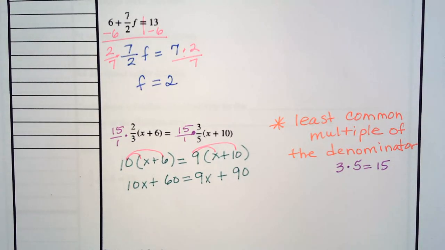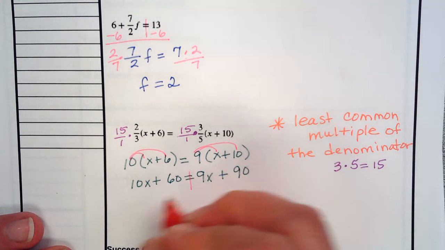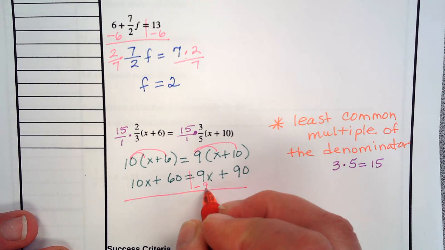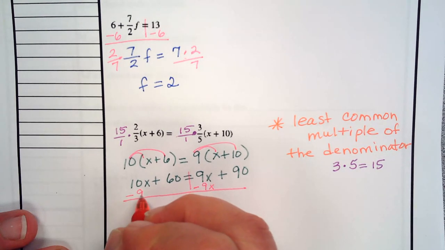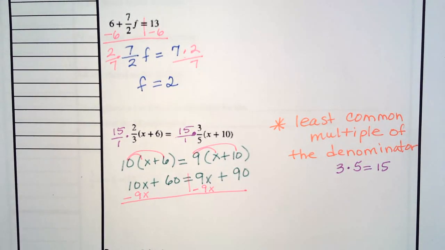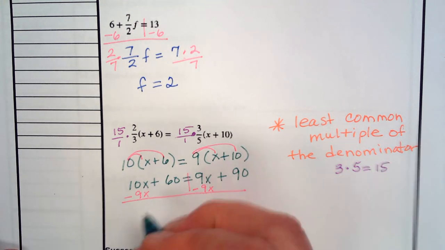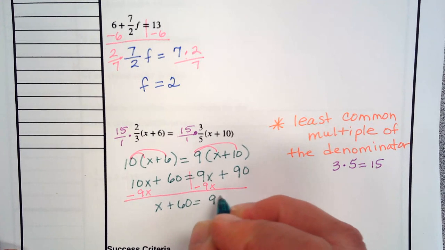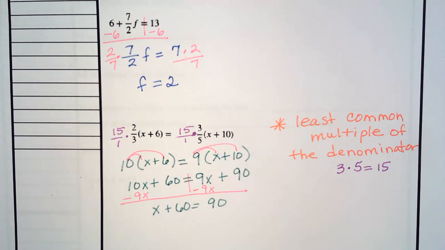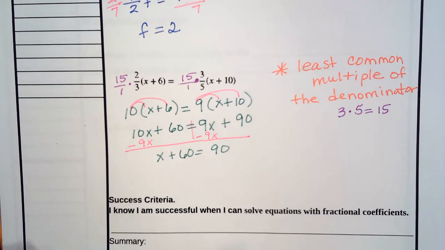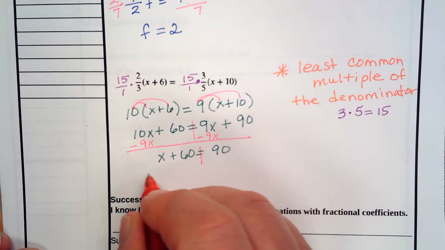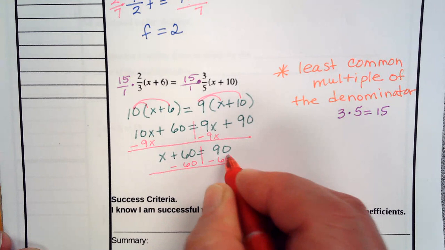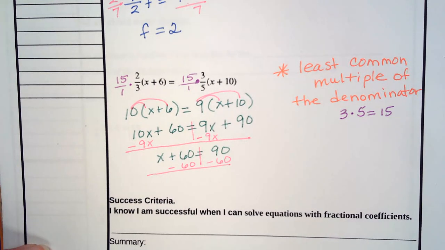We're able to solve now. Get your variables to the same side, so I'll subtract 9x from both sides. x plus 60 equals 90. At this point I would hope that you knew the answer, but when we subtract 60 from both sides, then x will equal 30.